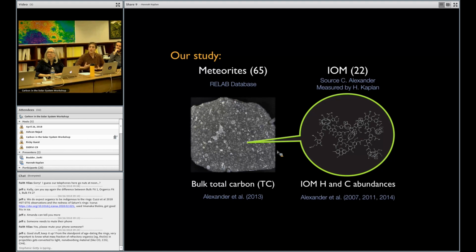So just to show where these values come from, the meteorites, that information comes from the RELAB database, so that's open to anyone. The IOM, I have measured 22 IOM samples in the laboratory, and we've compared these with values that have been measured previously by Connel Alexander.